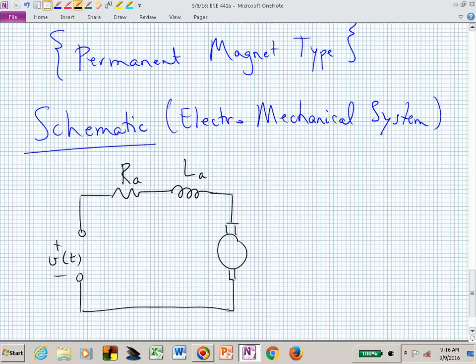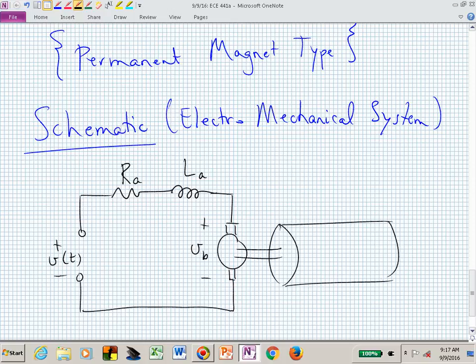And then we have what turns out to be a controlled voltage source, V sub B, which is impacted or influenced by the speed of the mechanical shaft that's attached to this rotor of your motor. And I'll schematically show that.